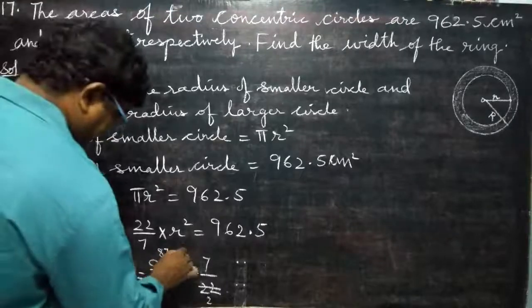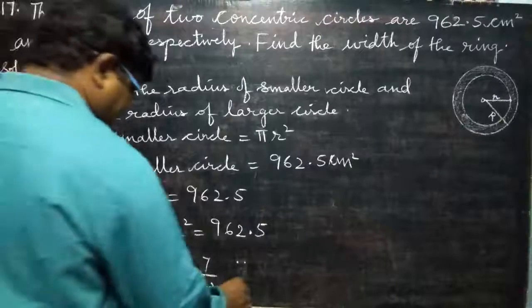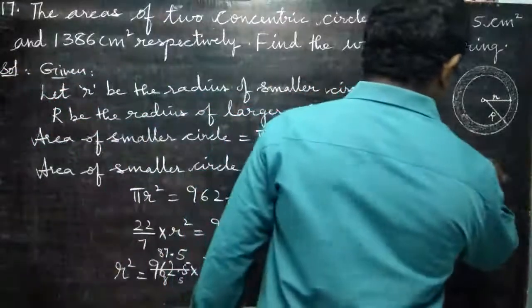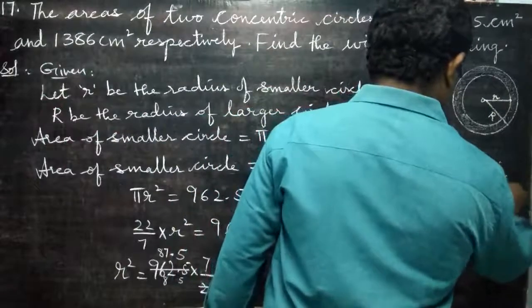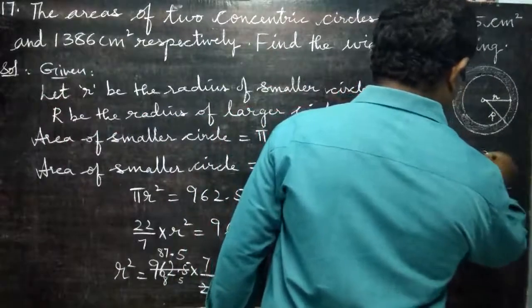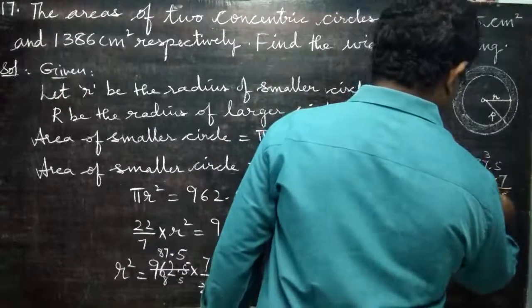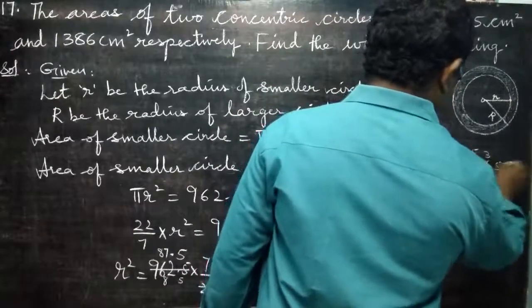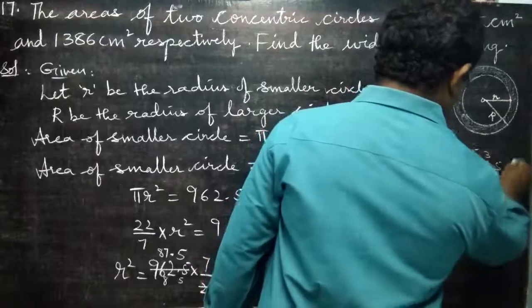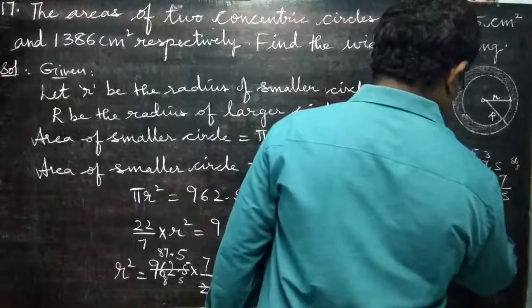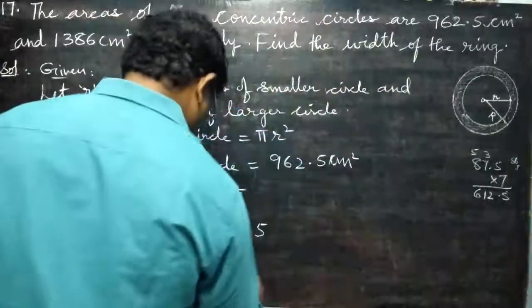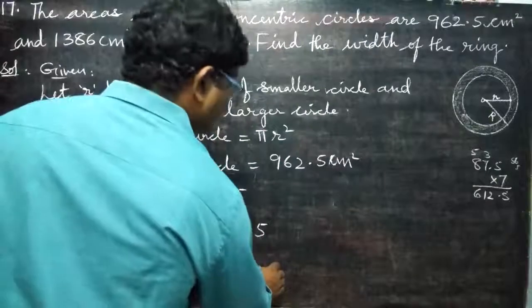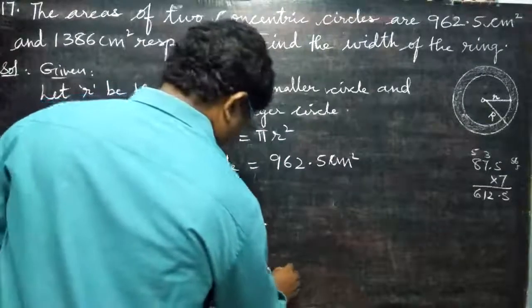Now that is equal to multiply 87.5 into 7: 7 5s are 35, 3, 7 8s are 56, 56 plus 3 is 59, 59 plus 2, 61. So 612.5.